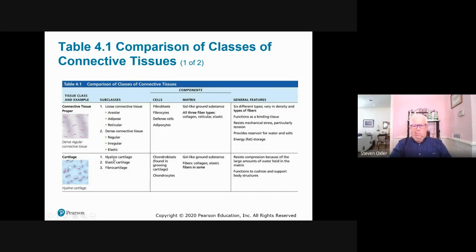We'll talk about them: hyaline cartilage, elastic cartilage, and fibrocartilage. Chondroblasts produce cartilage. Chondrocytes maintain cartilage.